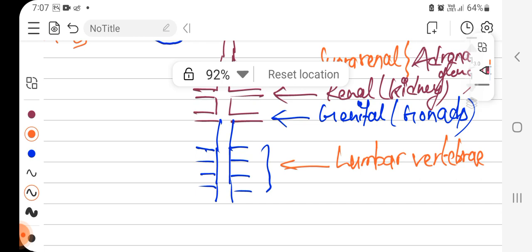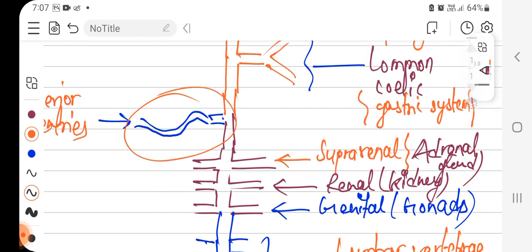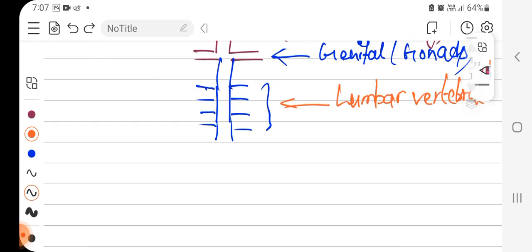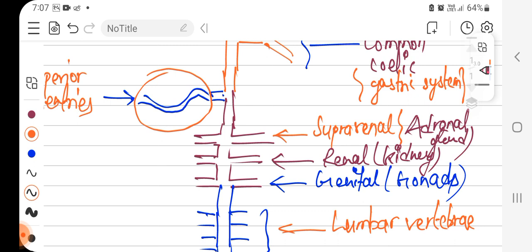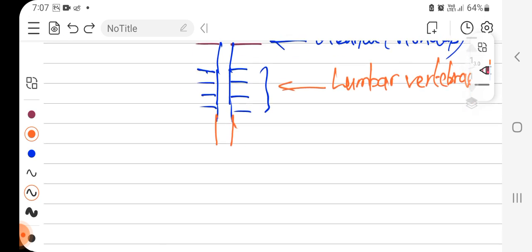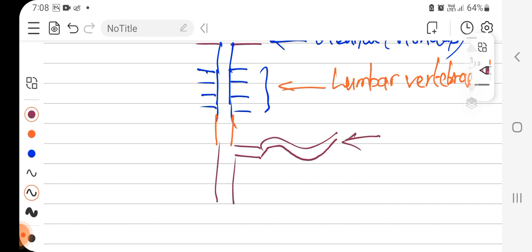Now, at first we made this superior mesenteric. Now it's time to close this superior mesenteric. We started from our left side, and now we are closing from our right side.